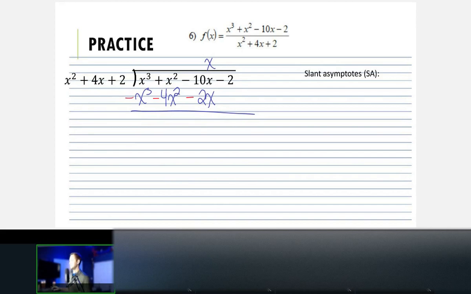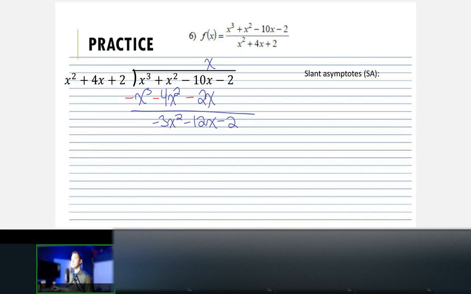So we flip the signs. They were all positive, they now become negative. And now we just do the math. X cubed minus x cubed cancel out. X squared minus 4x squared is negative 3x squared. And then negative 10x minus 2x is negative 12x. And then we carry down the negative 2.